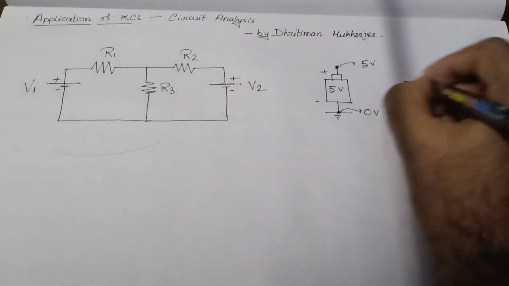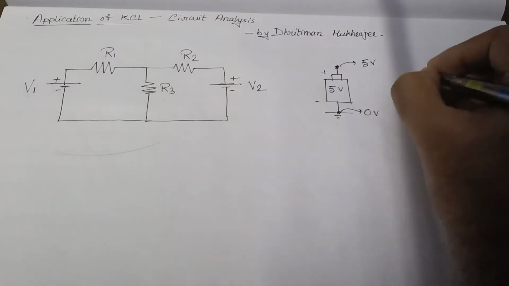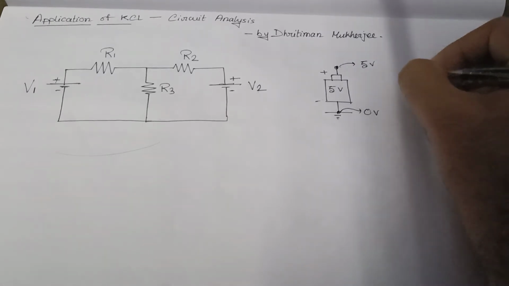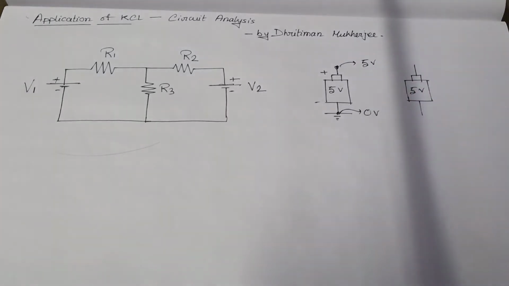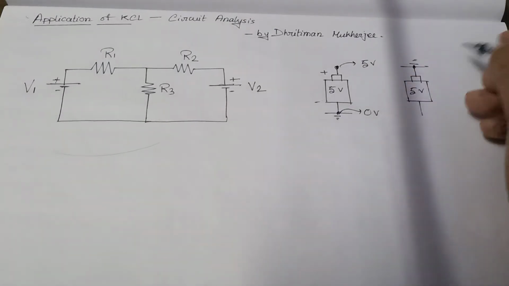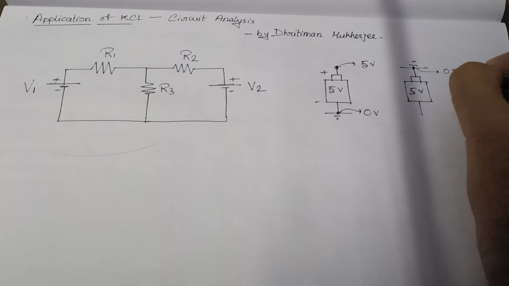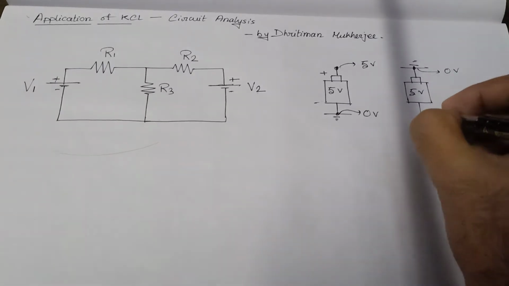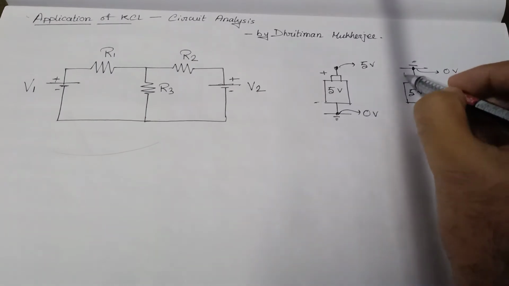Similarly, suppose you have purchased this 5 volt battery again, and this time you have grounded this terminal. Grounded means 0 volt. If the potential of this point is 0 volt, then this point, this is plus, this is minus.